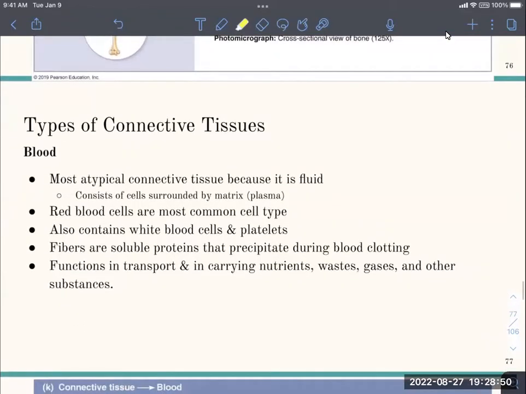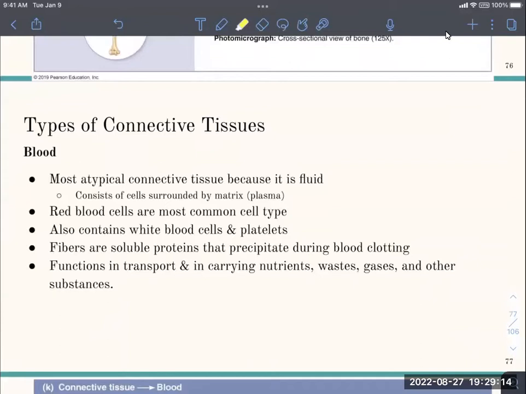Now let's look at blood. Blood is the most atypical kind of connective tissue, just because it has plasma that makes it a fluid. The most common type of blood cell is a red blood cell, but we also have white blood cells and platelets.